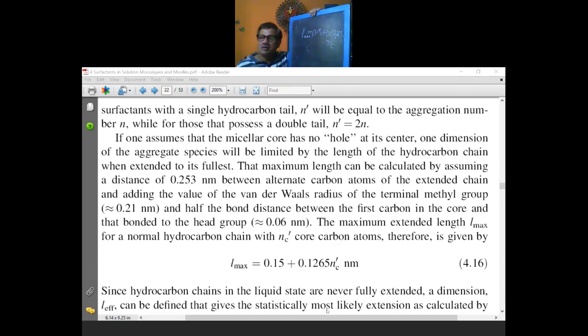So the maximum extended length for a normal hydrocarbon chain with NC prime core carbon atoms. Again, remember, you are excluding the carbon which is adjacent to the hydrophilic head group.